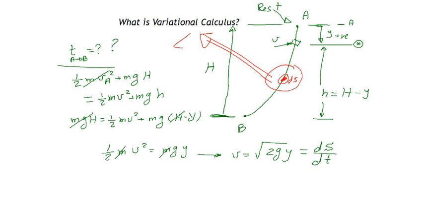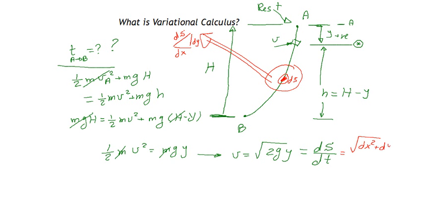However, it is described by two infinitesimally small displacements dx and dy. So in fact ds can be written as the square root of dx squared plus dy squared.